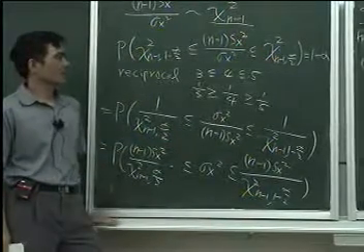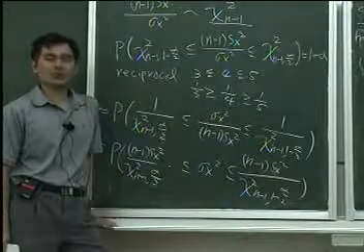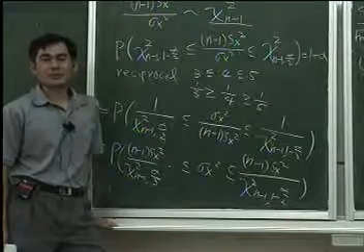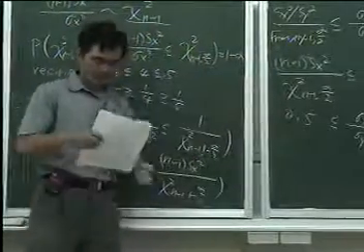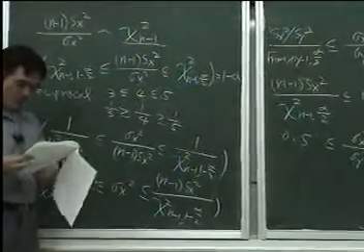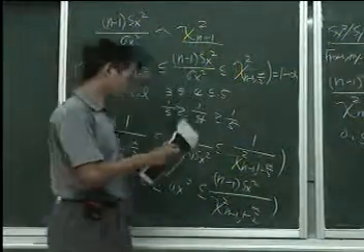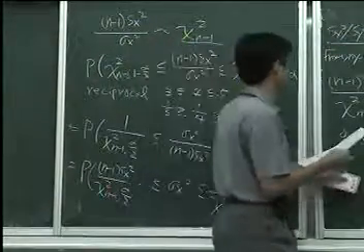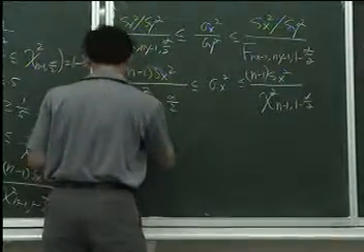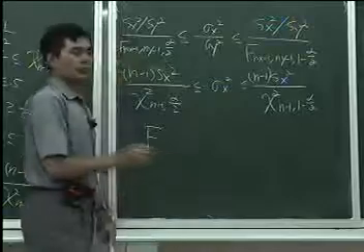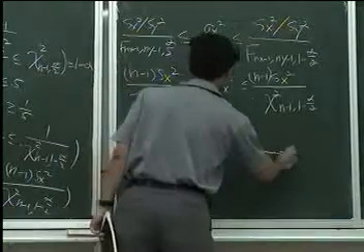Basically, we know our chi-square distribution is related to the F distribution. So let me give you the formula of the F distribution and let us get from there and try to figure it out. Any questions? So we know what the F distribution is. We have two degrees of freedom, V1 and V2.